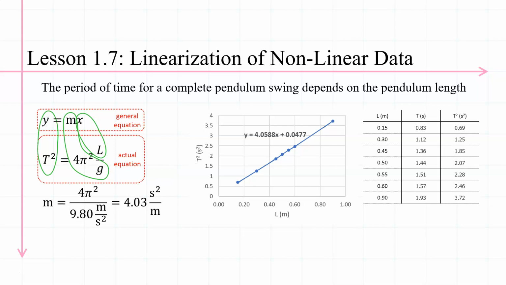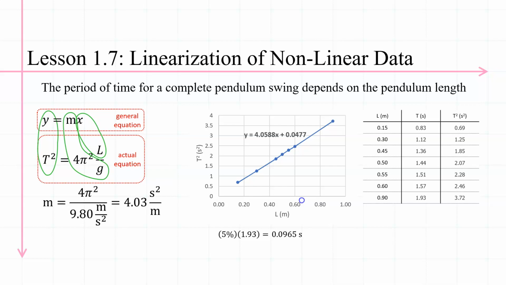Now, what about that plus 0.0477, our slope-intercept? Do we need to include that? Well, we need to take our largest y-axis value from our original data set, and that was the period values, and our largest value was 1.93. What is 5% of 1.93? It's 0.0965 seconds.